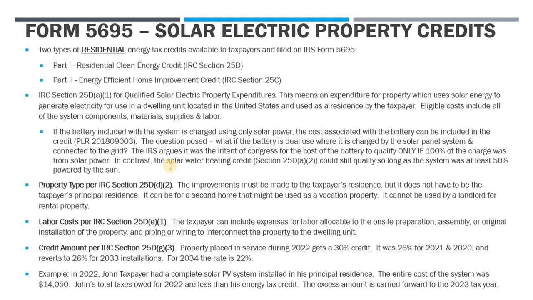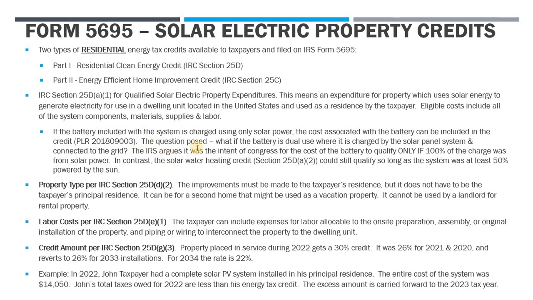And so the argument here was, well, what if the battery is dual use, in that it's charged by the solar panels? Sure, that's fine, that's great, but it's also connected to the grid. And so if the battery is also connected to the grid, then does it really qualify, because it's not a solar electric piece of property, right?